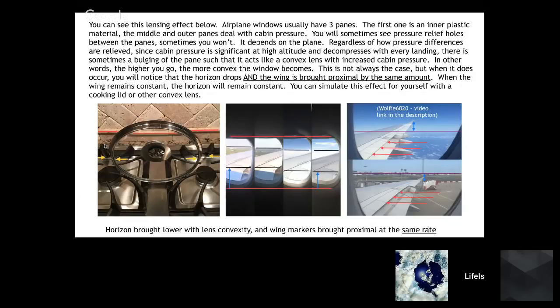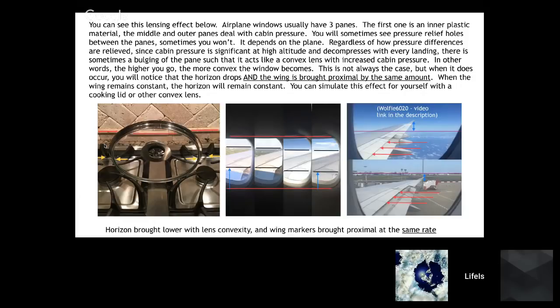I think he knows about the wing flex, but I didn't know about it before. I was looking at these photos and thinking, how is this occurring? When I saw that the wing was brought closer to me in the window, it never dawned on me to line these photos up and start standardizing them this way. And I was like, that's just lensing.